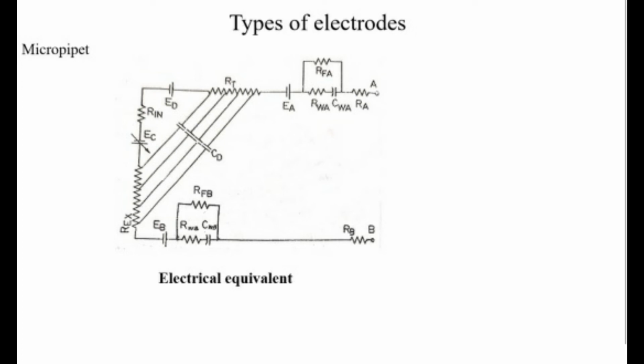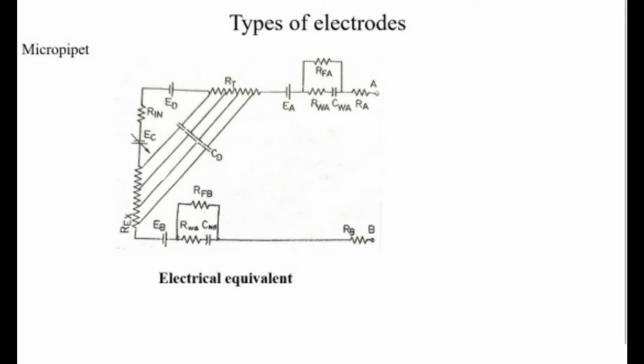EB is the potential between the reference electrode and the extracellular fluid. EC is the variable cell membrane potential. ED is the potential existing at the tip due to different electrolytes present in the pipette and the cell. Then E is equal to EA plus EB plus ED.